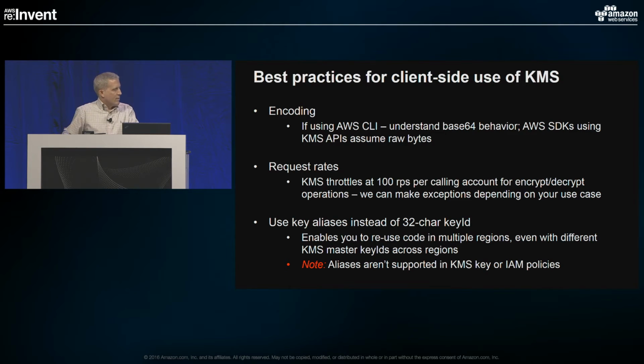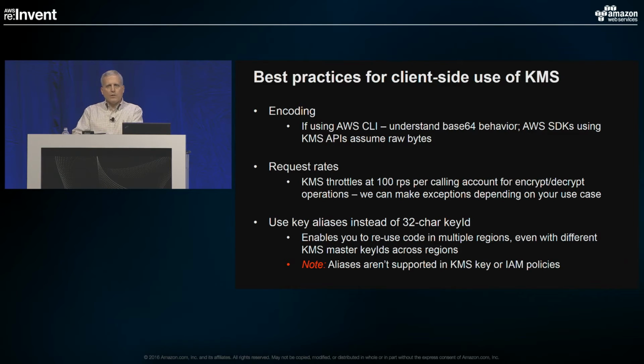I want to talk about key aliases. So the ARN format of a KMS master key includes the 32-character GUID at the end. Not particularly human readable. We have a feature called KMS aliases where you can do effectively a symlink from a human readable string to a key ID.